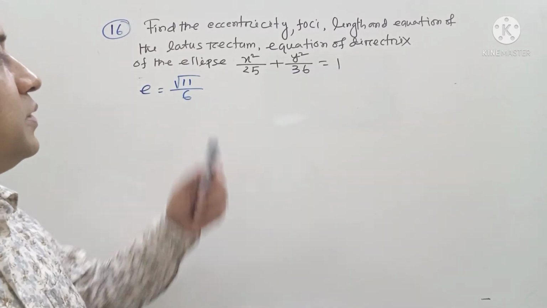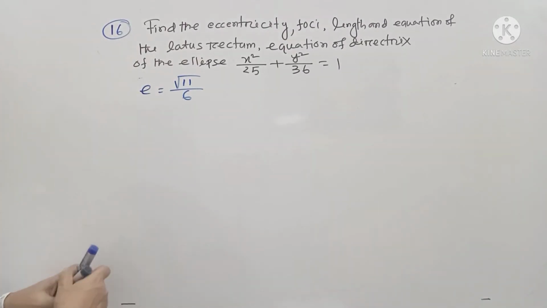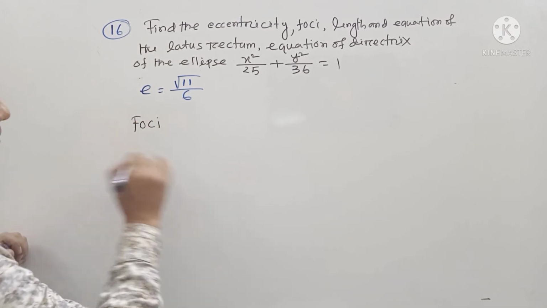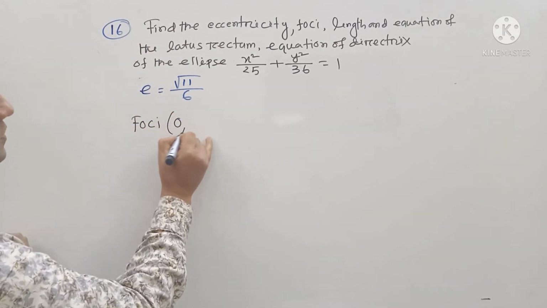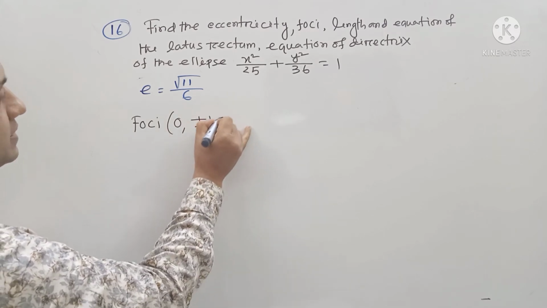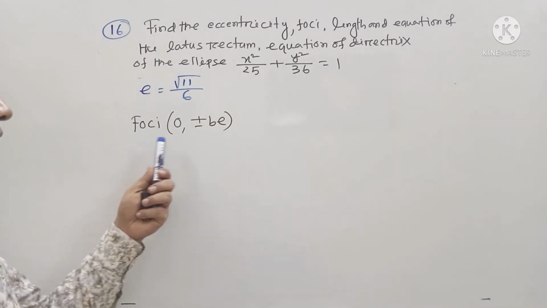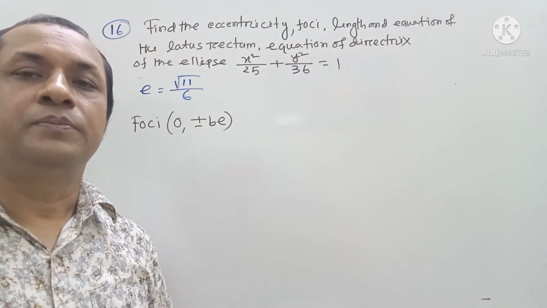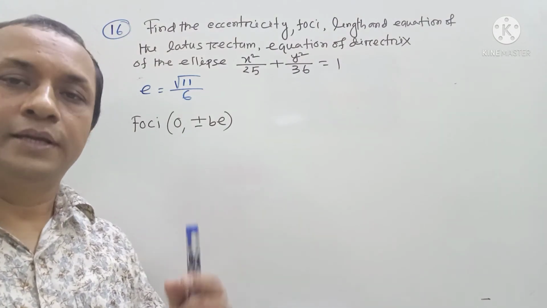Now find the coordinate of foci. We know that the coordinate of foci, here b is greater than a, is 0 comma plus minus be.